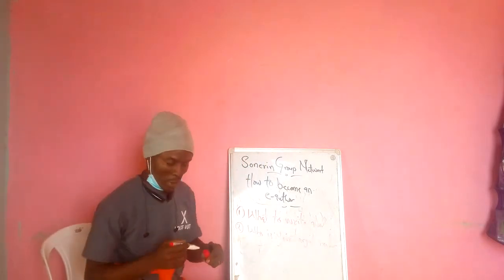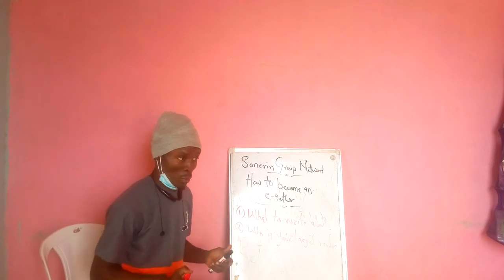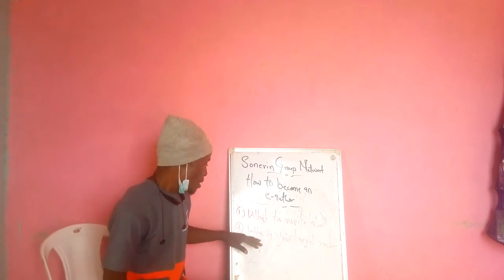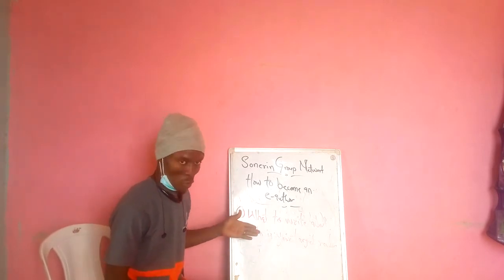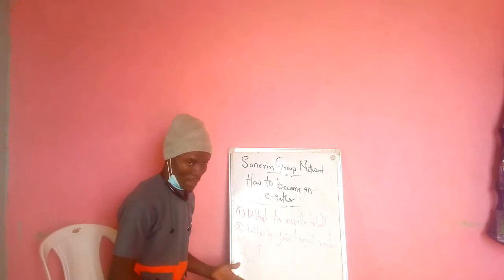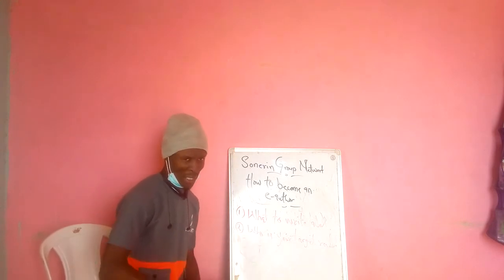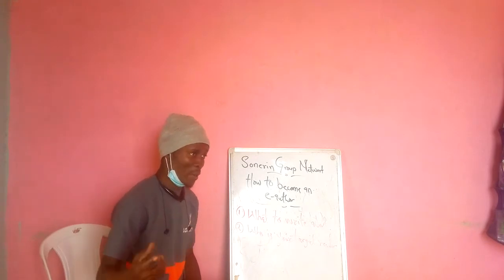Your target reader. That is the second thing that should come to your mind. This can also replace the first one, but before you actually capture who your target reader is, you should know what you want to write about.